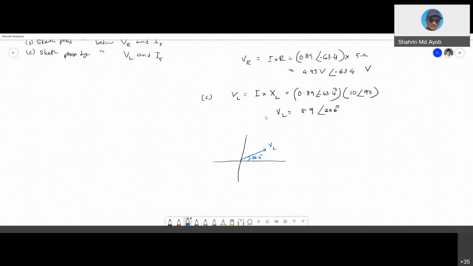So this one is your VL, and your IS is 0.89 at negative 63.4 degrees. So this one is your IS.